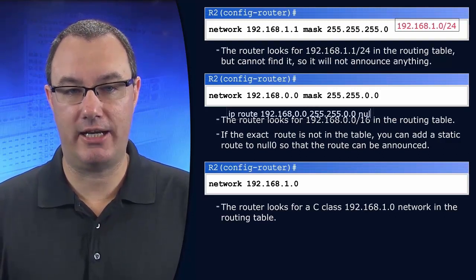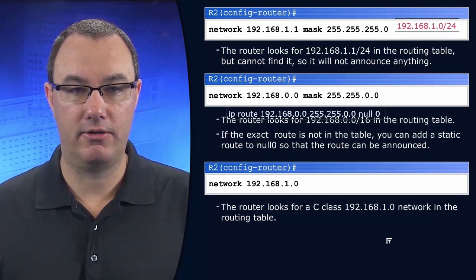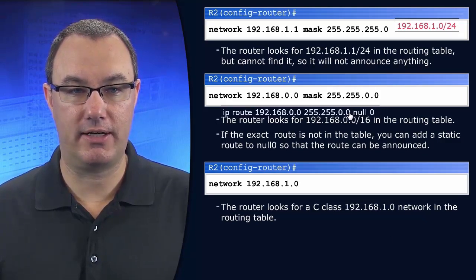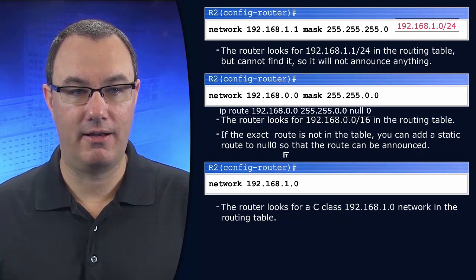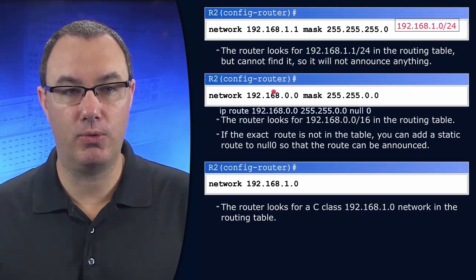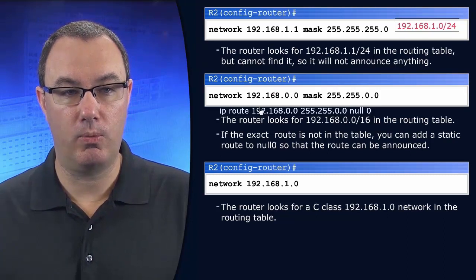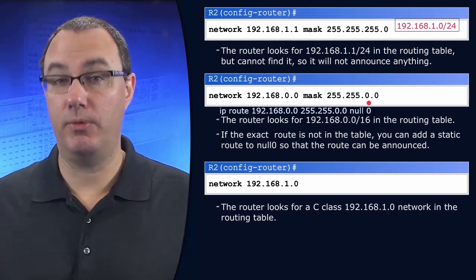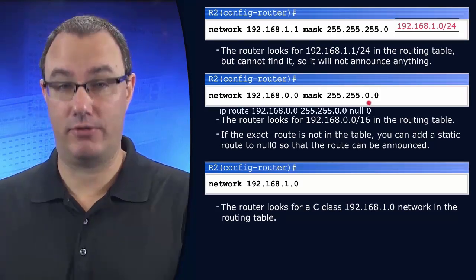This is what it's saying in the text, but I want you to just really get a sense of that. So if you had that in your config, IP route 192.168.0.0, and pointing to null 0, then you would in fact own it and then advertise it.